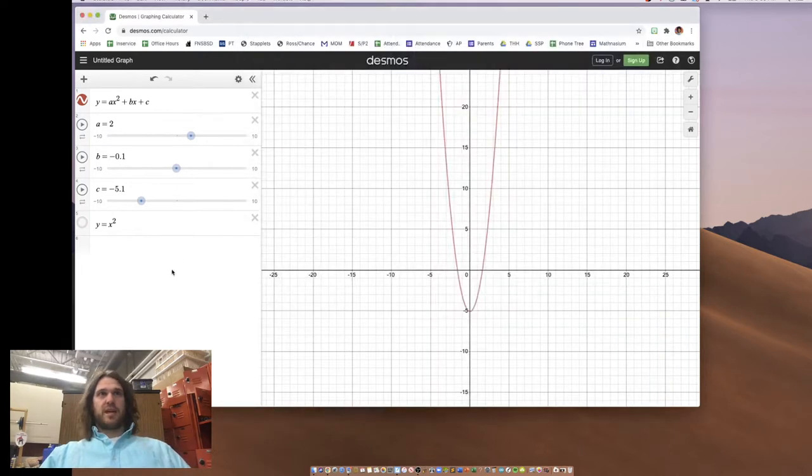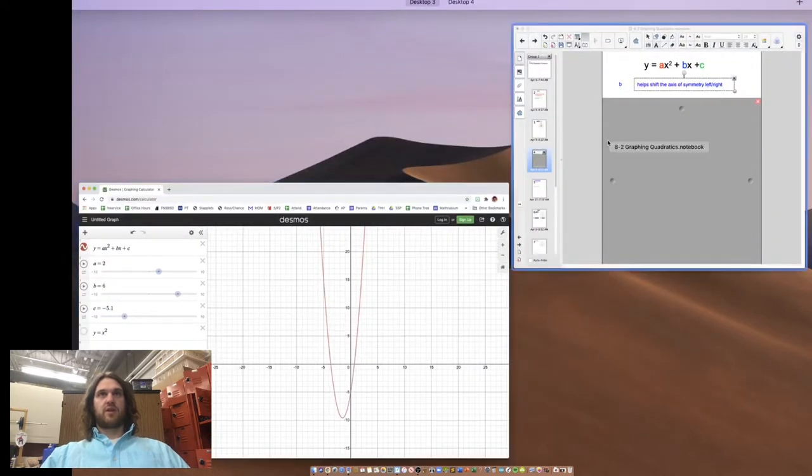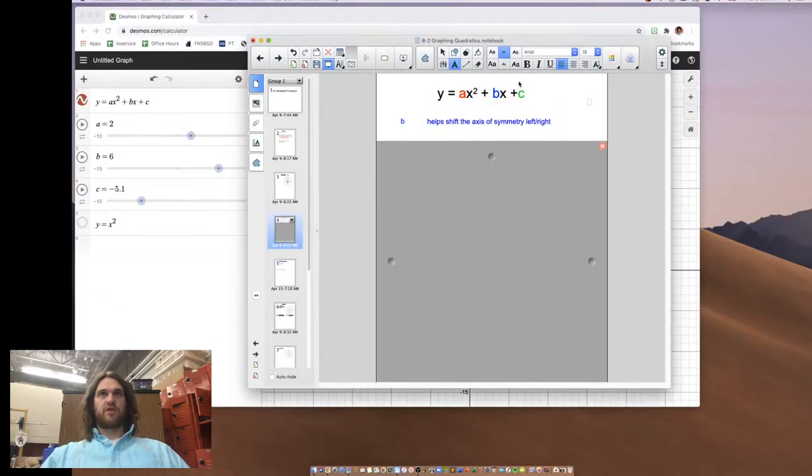So if you make b 6, for example, it doesn't mean that it is going to go to the left 6 or to the right 6. It just means, well, we're going to give you the equation here in just a second. So b helps shift the axis of symmetry to the left and to the right.